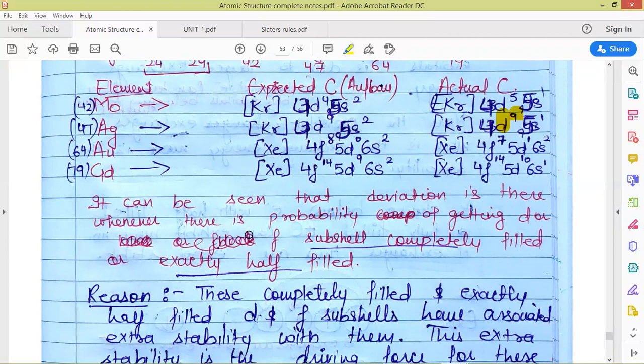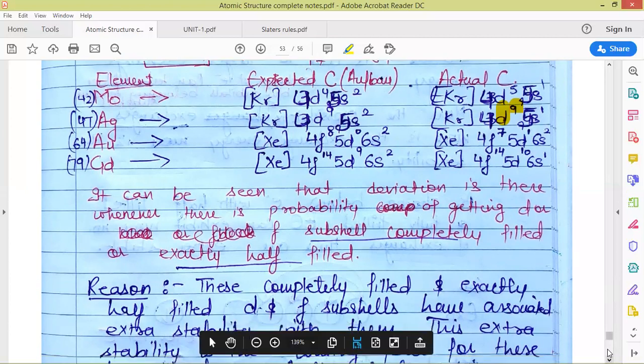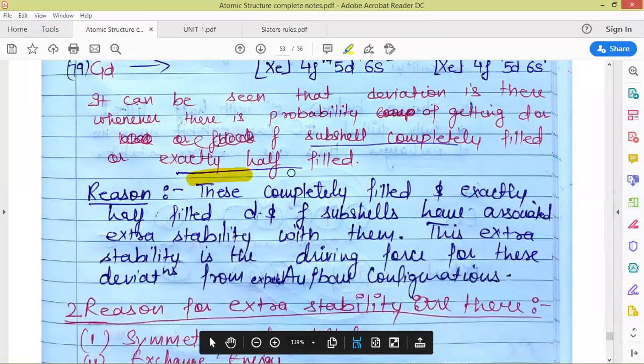So there is extra stability associated with these fully filled and half filled configurations. To attain this extra stability, there occurs a deviation from the expected configuration based upon the Aufbau principle. So this is the driving force.